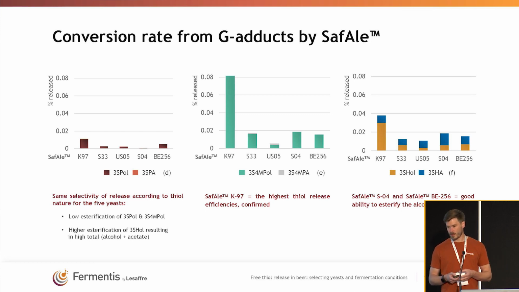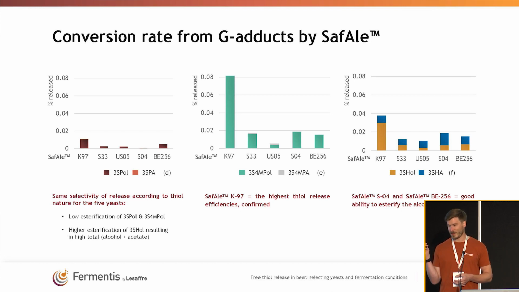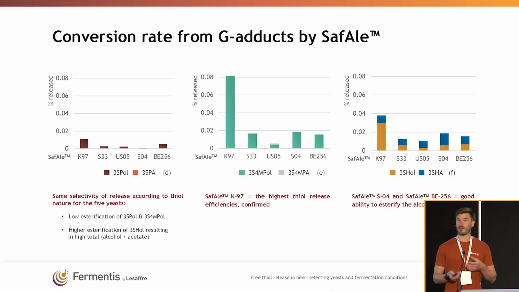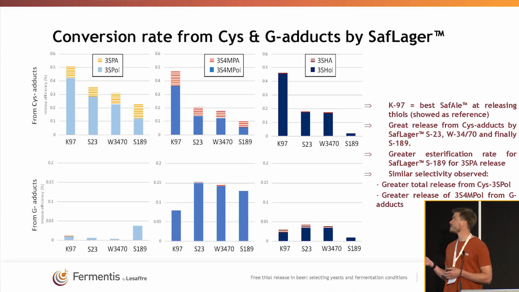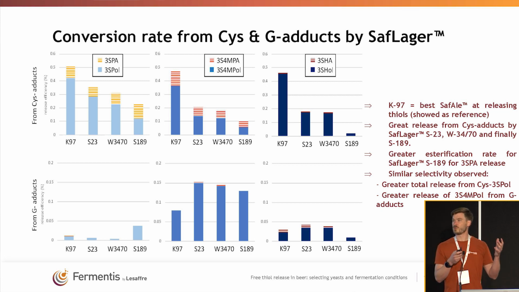And those results, I presented them already one time in Australia, and the next slide is something that I never presented, and those are the results for the lager strains. So if you're looking at any hop-forward lager, thiols release in lager beer, this is the slide to remember for your next beer. So you have here a comparison between K97 as the one from the ale strain showing the highest release.